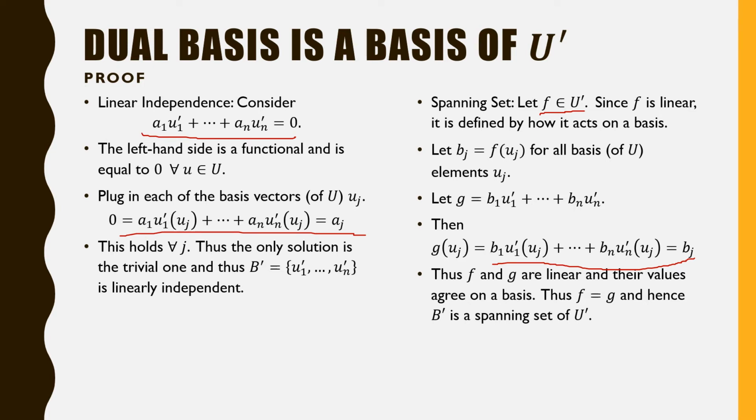That means that we have now written f as a linear combination of the u1 primes to un primes. Since f was an arbitrary element of u prime, this shows that b prime is in fact a spanning set of u prime. Putting the fact that it's a spanning set and linearly independent together, this proves that b prime is in fact a basis of u prime.